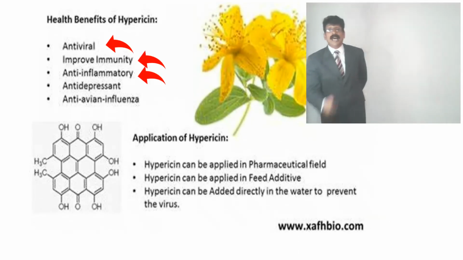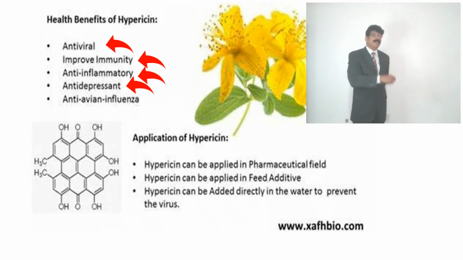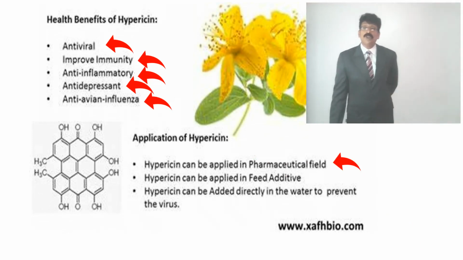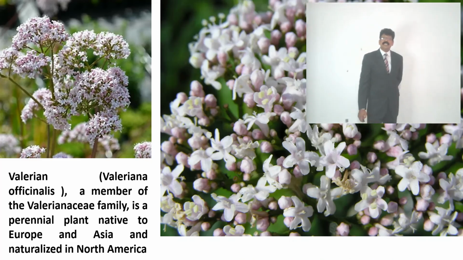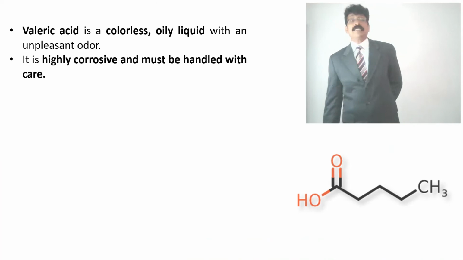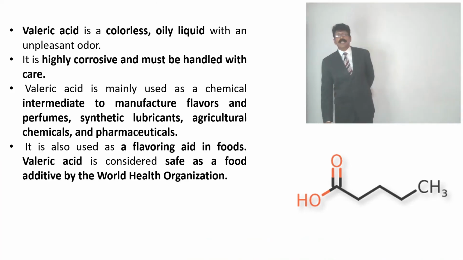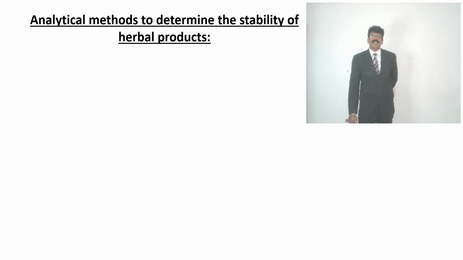Other than this, it is an antiviral drug, and it can specifically be given for bird flu, which is the importance of the St. John's wort plant flowers. And valeric acid is a very simple acid, also a flavoring substance, which can be an intermediate substance for preparations.